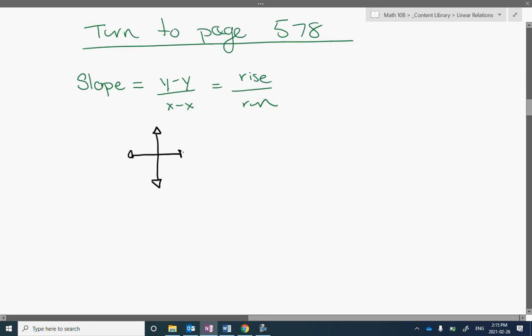Page 578. Okay, we're going to draw out 4 Cartesian planes.